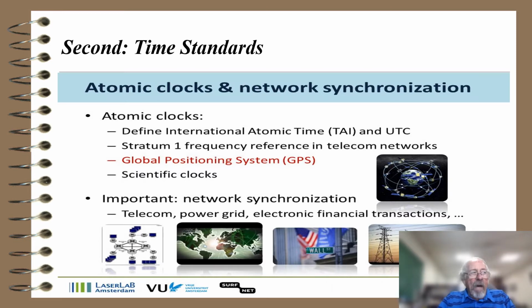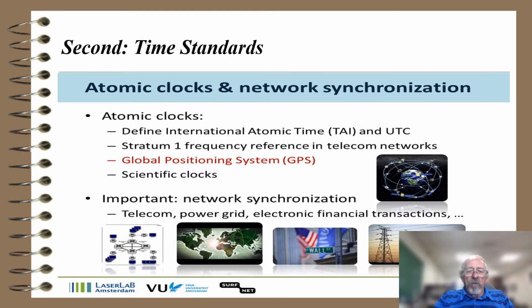Atomic clocks are defined by International Atomic Time, and there's something called the Stratum 1 frequency reference in telecom networks. We have the Global Positioning System, which uses atomic clocks, and we have scientific clocks. So there's important network synchronization that occurs.